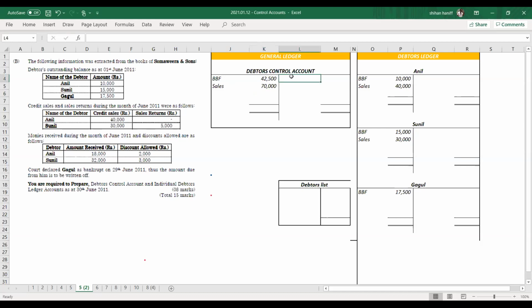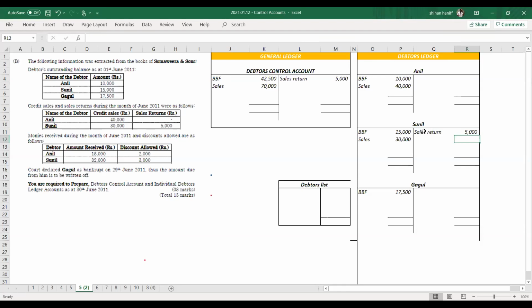Sales return 5,000 to Sunil. Money is received during the month of June 2011.